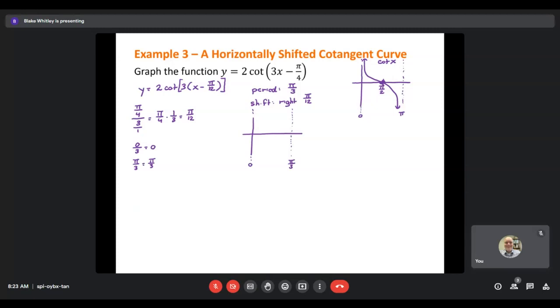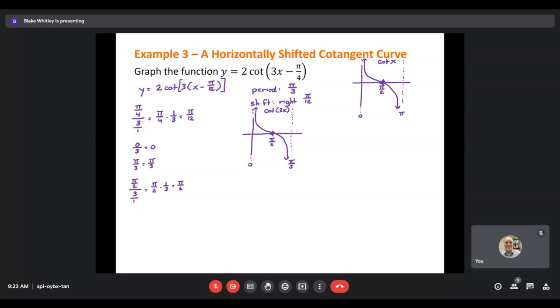Then I'm taking the x-intercept, pi over 2, dividing that by 3. So that's pi over 2 times 1/3, which gives us pi over 6. So that's our halfway point there. Again, it's decreasing from left to right. So this is cotangent of 3x.